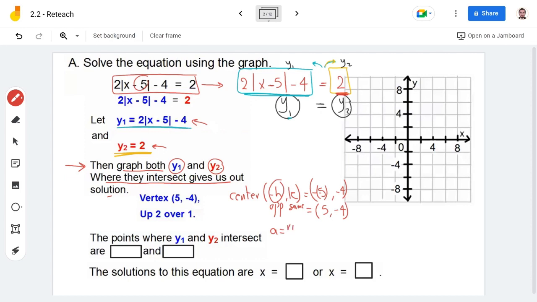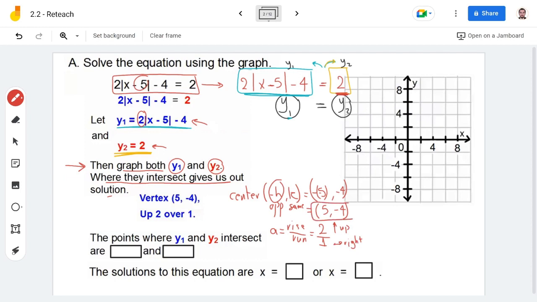Now we need to identify a. A is always rise over run, as I told you. If you look at the function, a is equal to 2. Always when we have one number, we just assume that this number is over 1. So 2 steps up and 1 step to the right. Now let's start graphing this one. Let's start from the center.